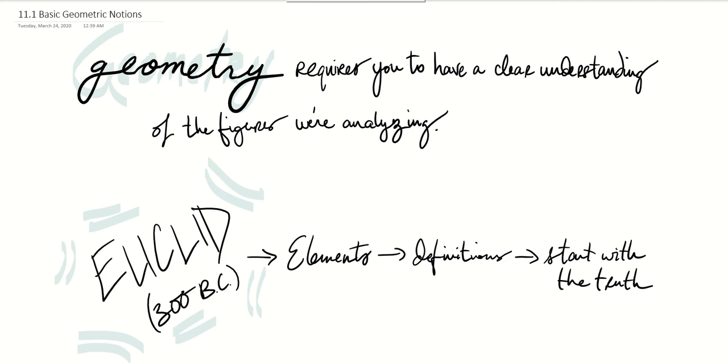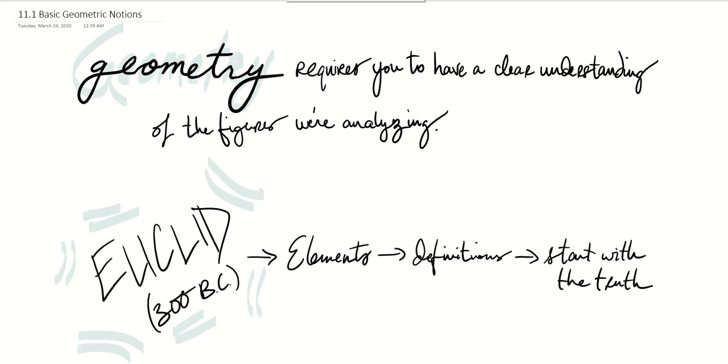But Euclid really wanted to figure out what was true about each shape that we're working with. What do we know and where can we go from there? So the way that all geometry is taught now goes based on his progress.